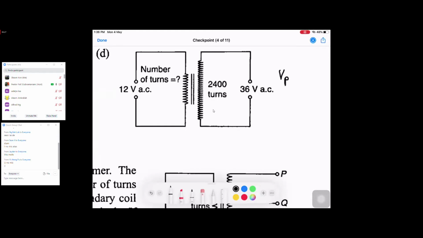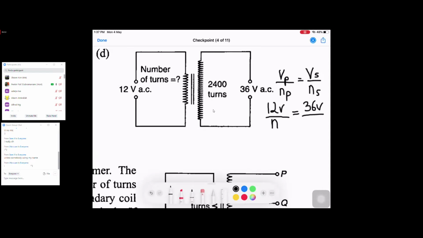Primary voltage over number of turns of primary equals secondary voltage over number of turns of secondary. Primary voltage 12. Number of turns of primary we don't know. Secondary voltage is 36 volt. Number of turns is 2400. What is the number of turns in primary? 800.